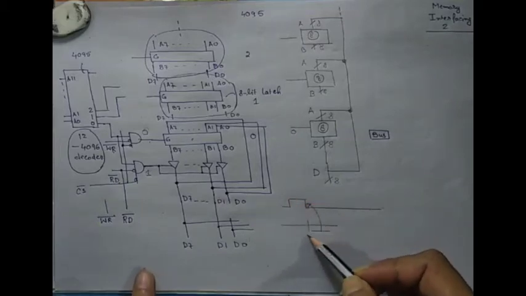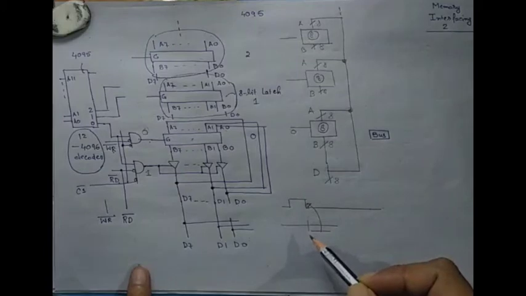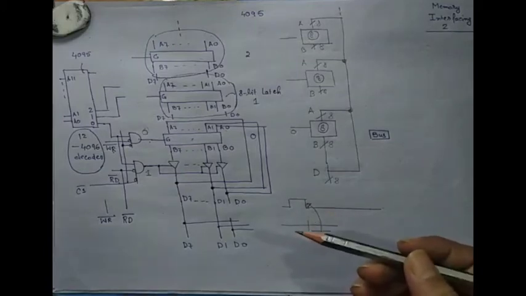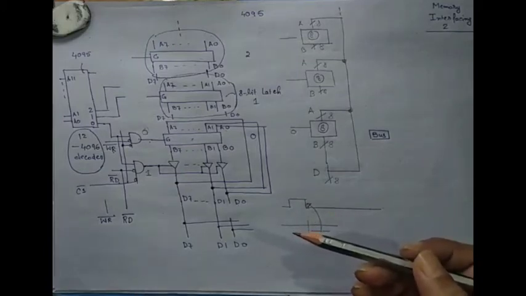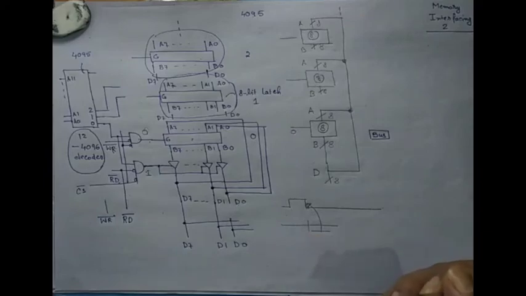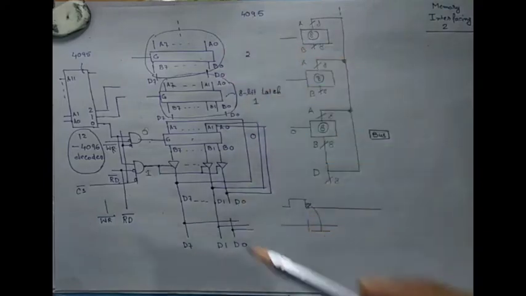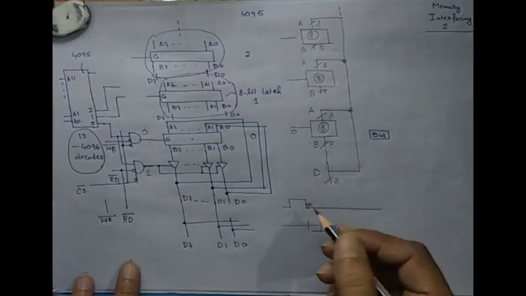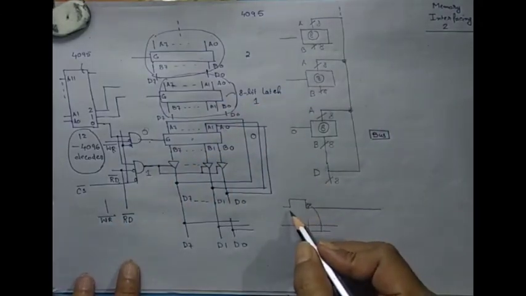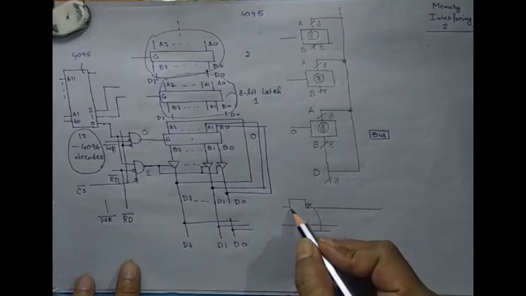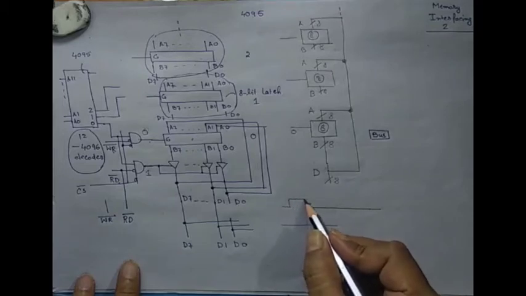while discussing how information will be written or latched by a particular 8-bit latch present inside such a RAM, I said that when the write bar signal is provided, that means when it goes to logic 0, the output of the AND gate will go to logic 1, and the output of the AND gate acts as the latch enable signal for the latch.